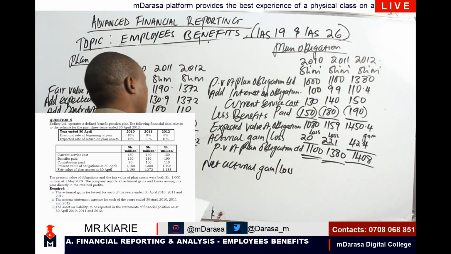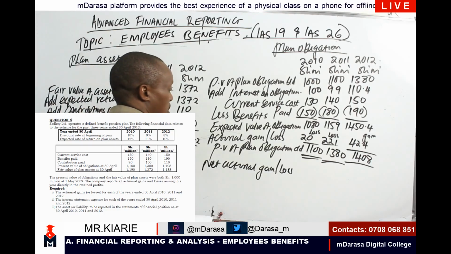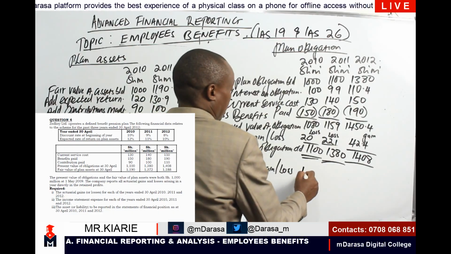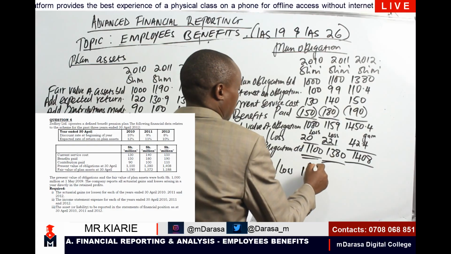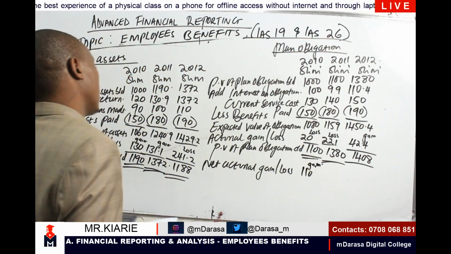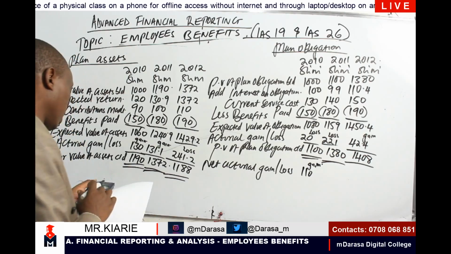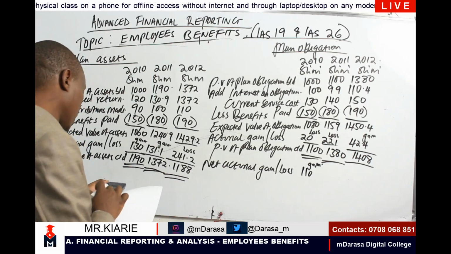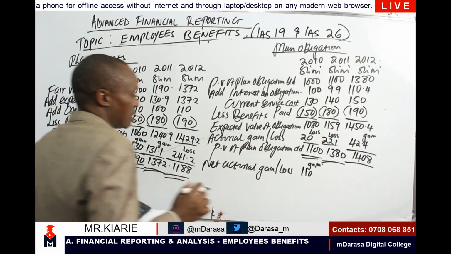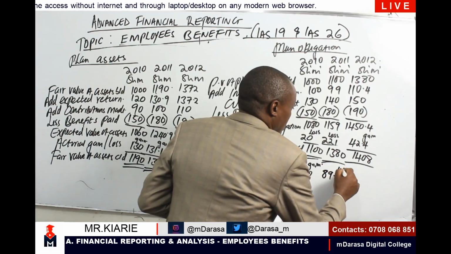in 2010, there was a gain of 130, a loss of 20, which gives me a net gain of 110. In 2011, there was a loss of 221 and a gain of 131.1. So once I get the difference between those two figures, I get 89.9, which is a loss.